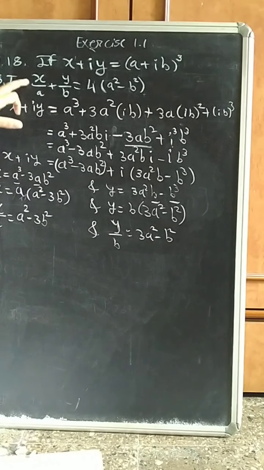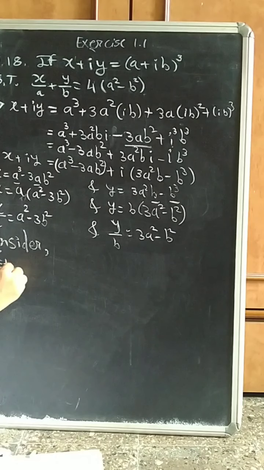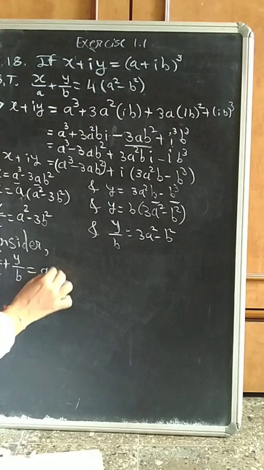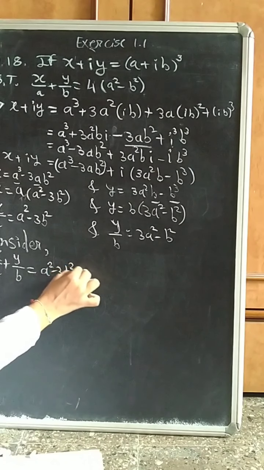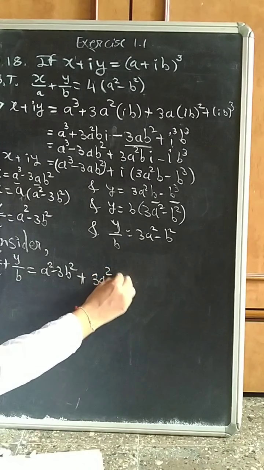आपल्याला काय दाखवायचे? x upon a plus y upon b. So consider x upon a plus y upon b. पण x upon a काय? a square minus 3b square आणि y upon b is 3a square minus b square.